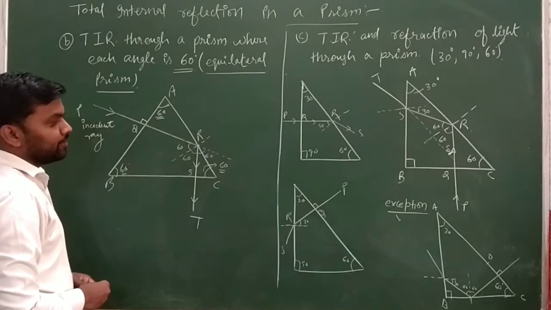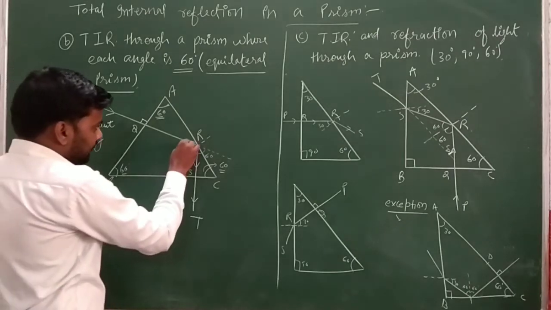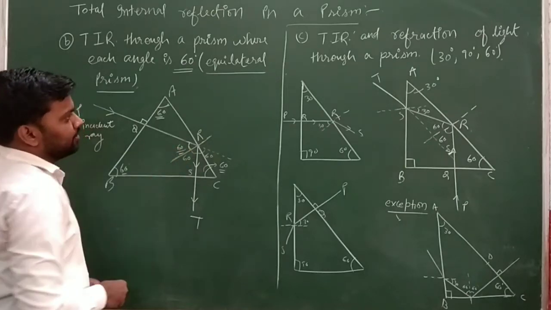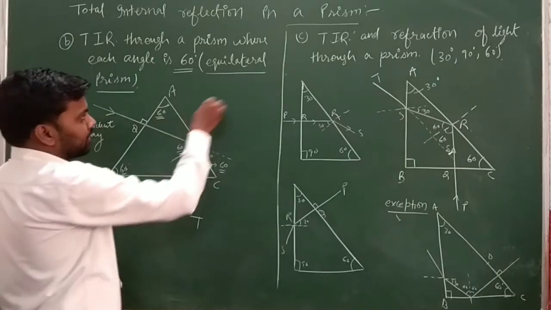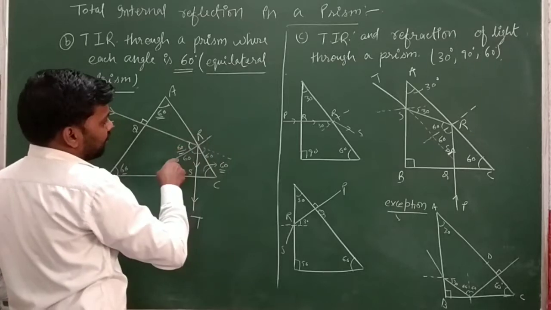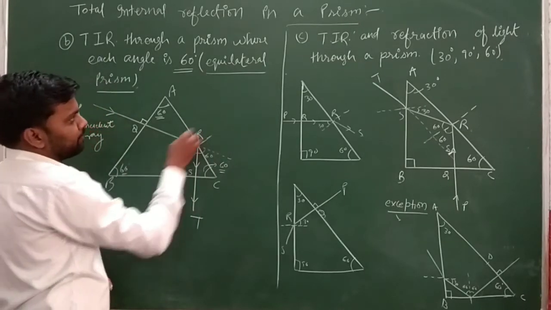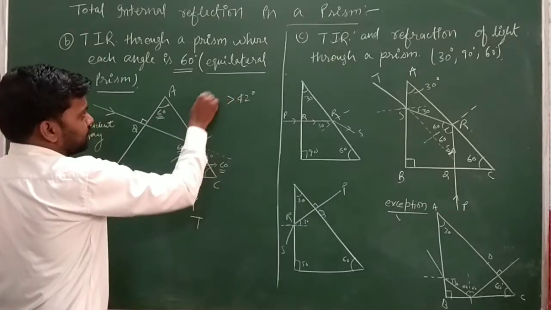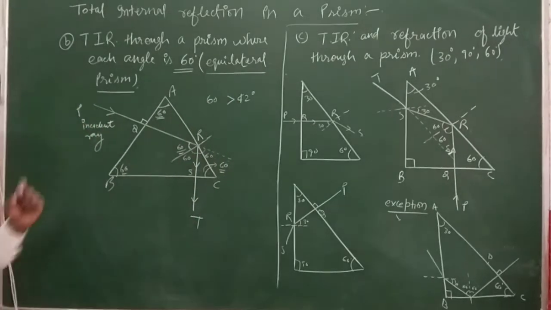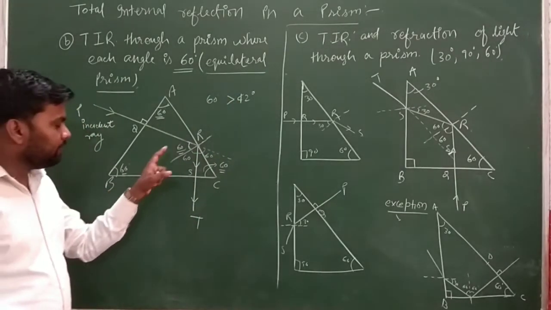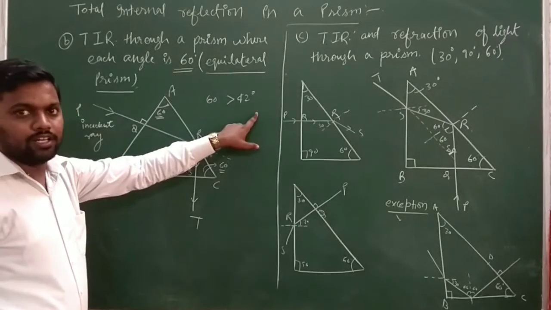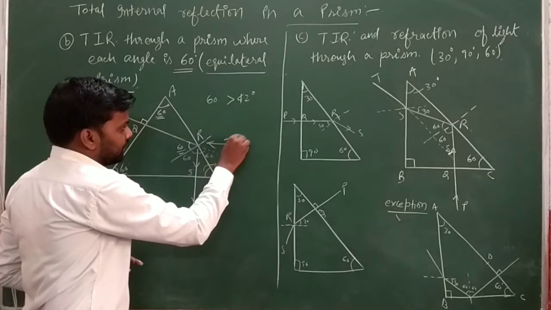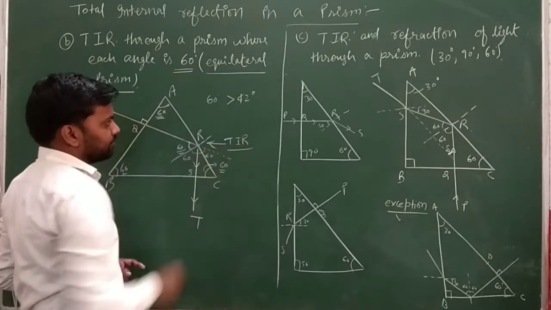Here what will happen? The incident angle with the normal is 60 degree, which is again greater than the critical angle of the prism, that is 42 degree. So 60 is greater than 42 degree. Now what will happen if it is greater than the critical angle? It will show here total internal reflection.